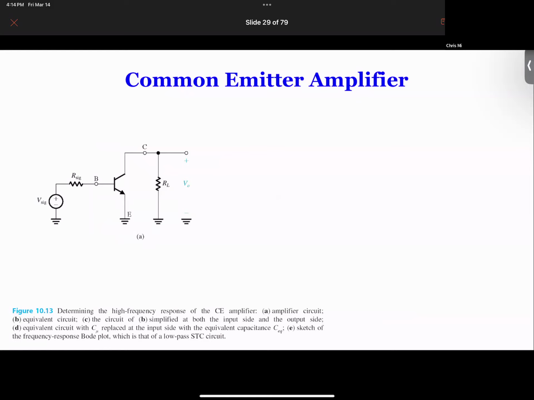Now we're going to look at another amplifier. We always have two kinds: one is common source, the other is common emitter. Those are the two most used amplifiers. For common emitter amplifiers, you can see the overall circuit is almost identical to the MOSFET, except the device is different. Now, if you draw the small signal model, you probably already know what's going to happen.